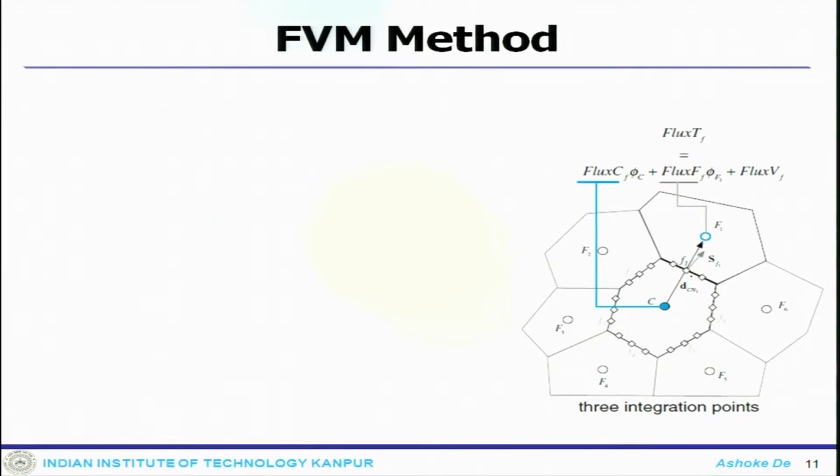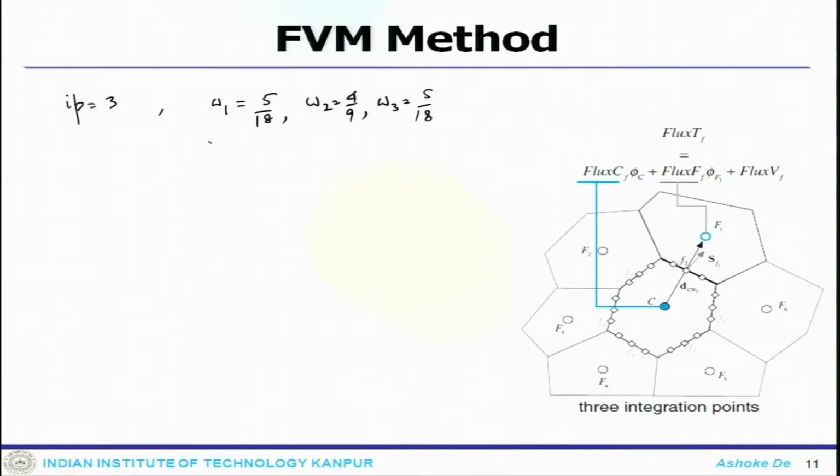Similarly, you can have 3 integration points. In that case my IP would be 3. If you have 3 integration points, then obviously my weighting function W1 would be 5 by 18, W2 would be 4 by 9, W3 is again 5 by 18.